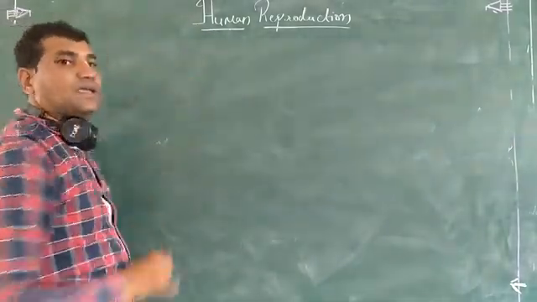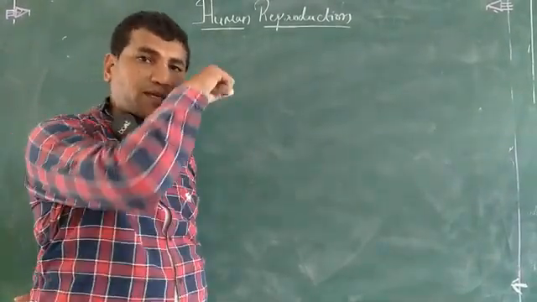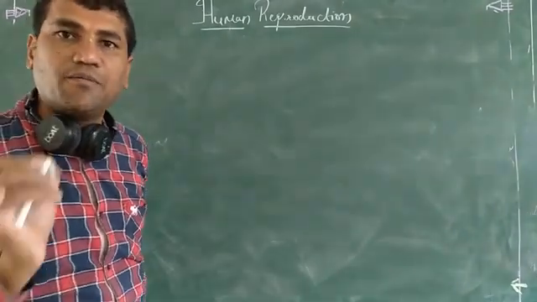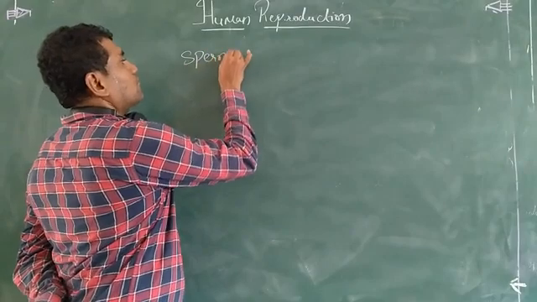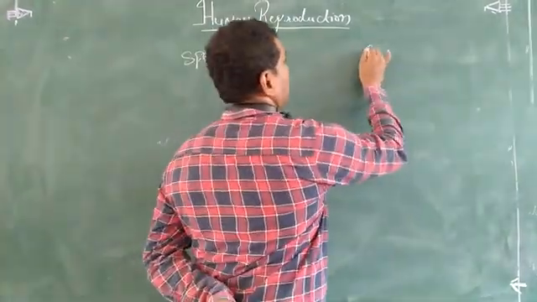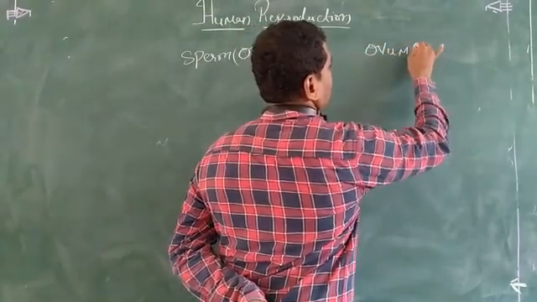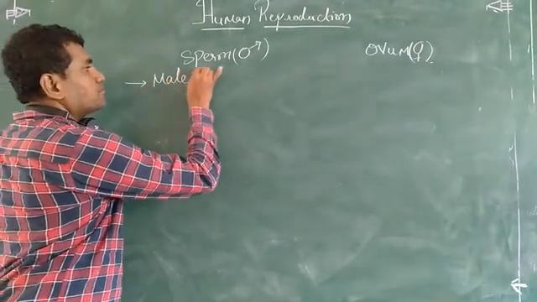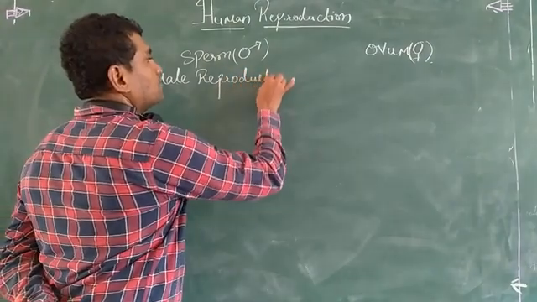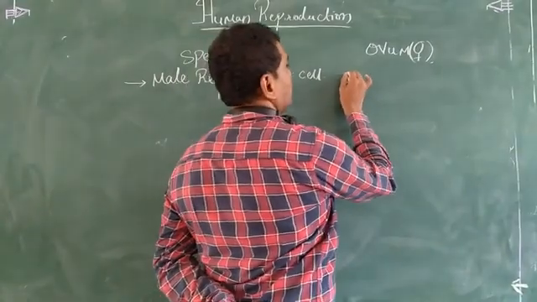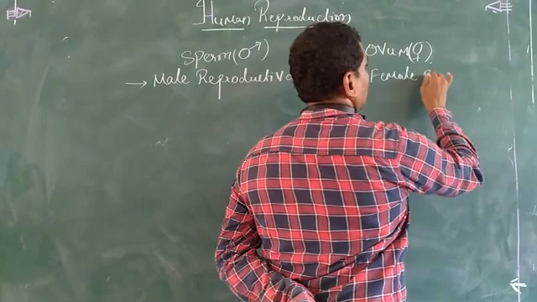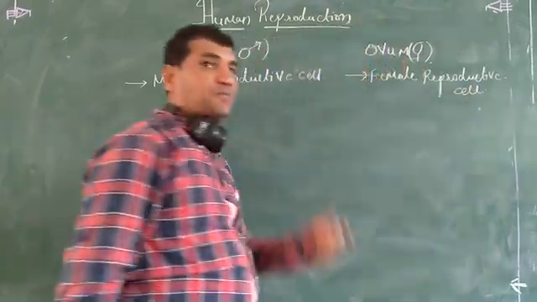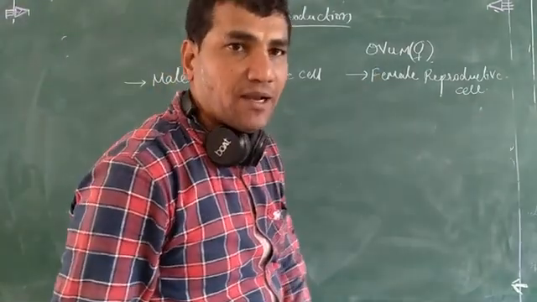The important differences between the male and female gamete are: the sperm is the male reproductive cell, the ovum is the female reproductive cell.